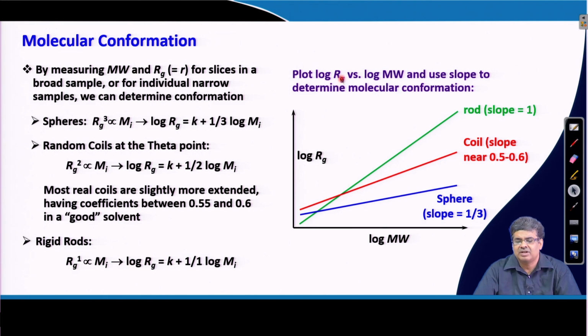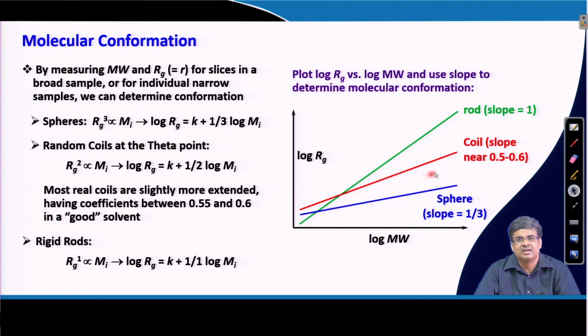So, we can plot log Rg versus log molecular weight and use the slope to determine the molecular conformation or shape. If the slope is 1, then it is close to a rod shape. If it is 1/3, then it is a perfect hard sphere type shape, and for most polymer molecules it will be a value of 0.5 to 0.6 or 0.7.